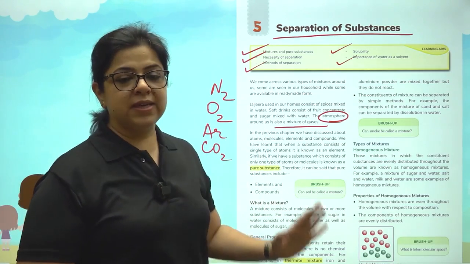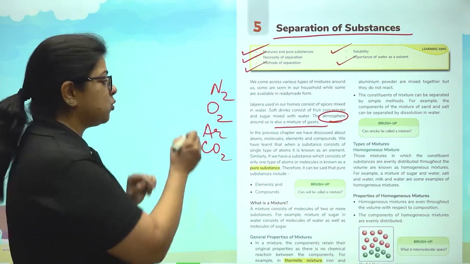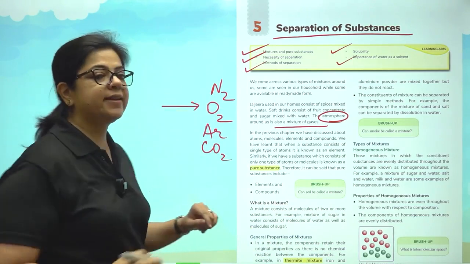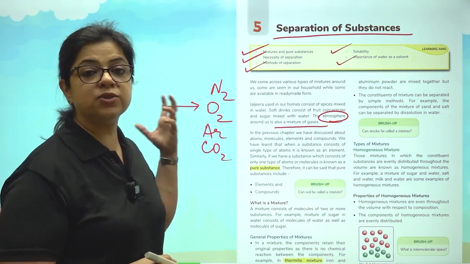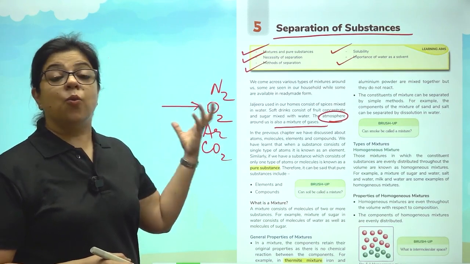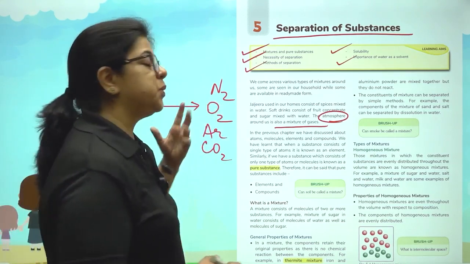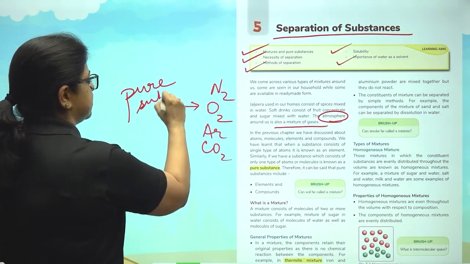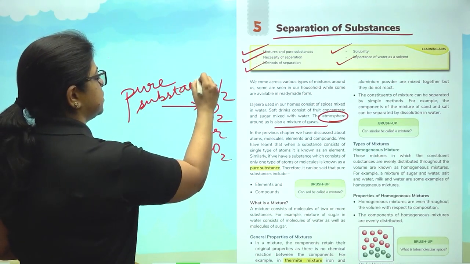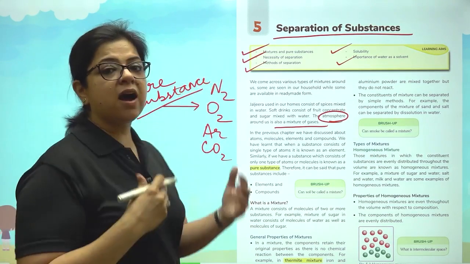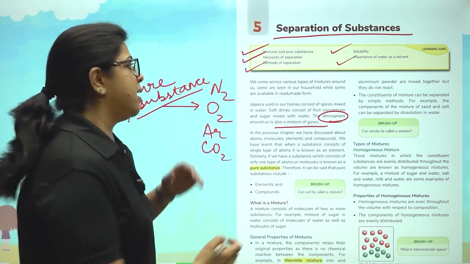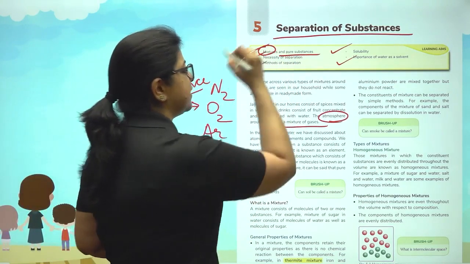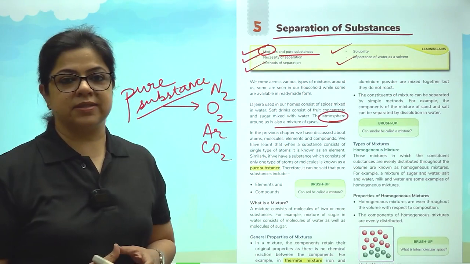Now, out of these, if I was to talk about only an oxygen cylinder, a cylinder which gives us only oxygen, what will that become? That will become a pure substance. So, we come to the conclusion that in our environment, there are mixtures and there are pure substances.